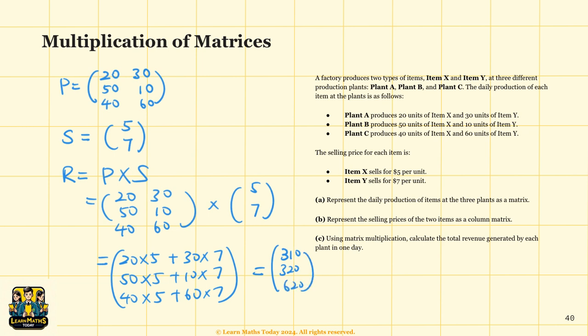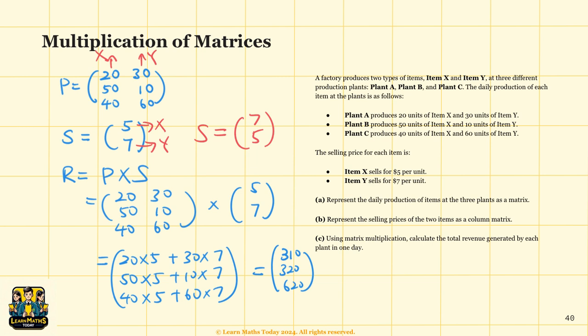One thing to take note of when you do matrix multiplication is that you need to make sure you define the matrix correctly. Earlier on, when we defined P, we put 20, 30. You need to know this 20 represents X and this 30 represents Y. So when you define S, make sure that you know this also represents X and this represents Y. Imagine if you had defined S wrongly, S as 7, 5, and then we multiply them.